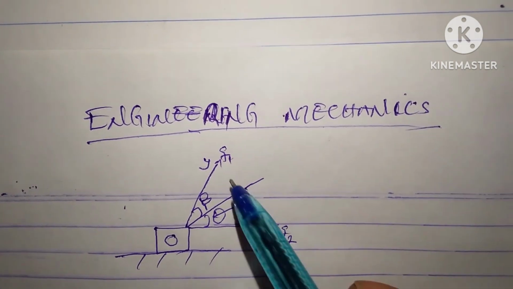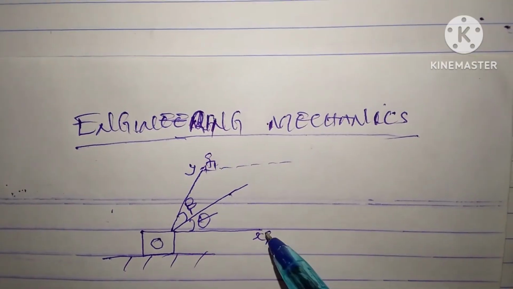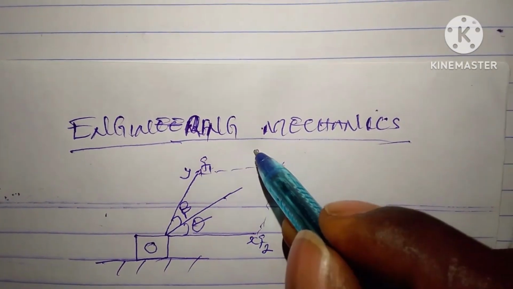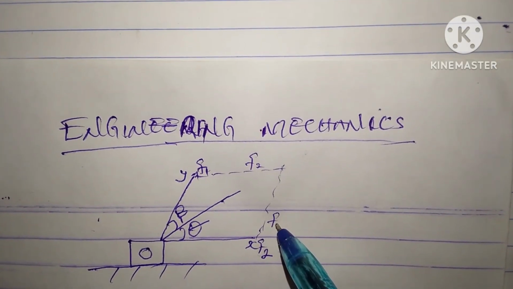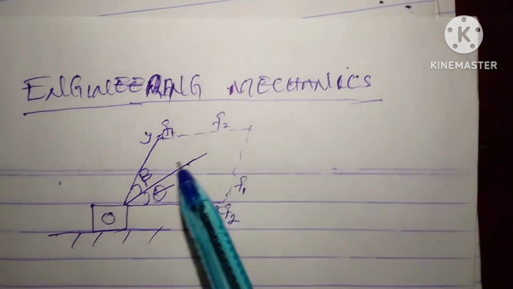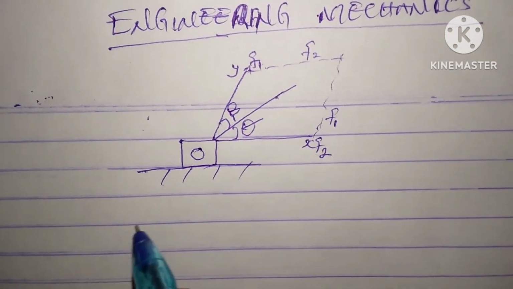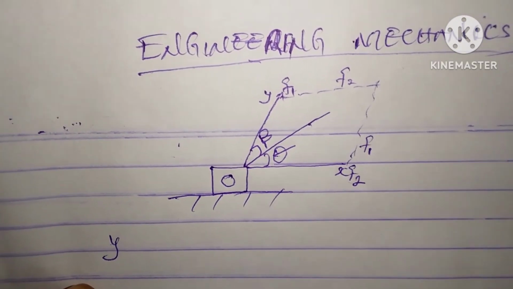All right, so for you to get the forces, you have to draw a parallelogram. Draw something of this kind, where here you have F2 and here you have F1. So resolving this into its components, you're going to have Y, as you are resolving it into the Y component.